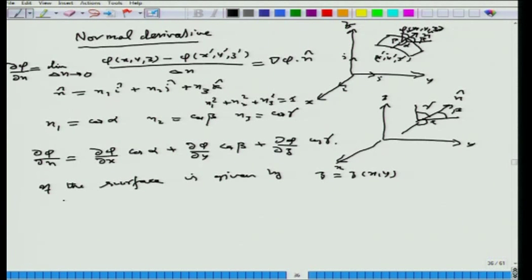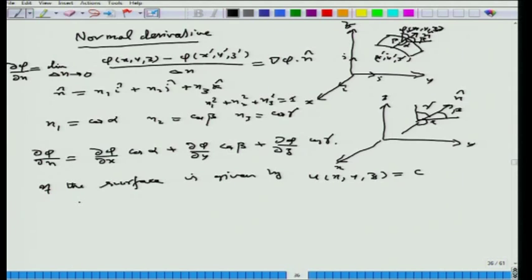Or in terms of u(x, y, z), let us say if we give u(x, y, z) equal to some constant c, if we can solve it for z explicitly, we can express this z as a function of x, y also.